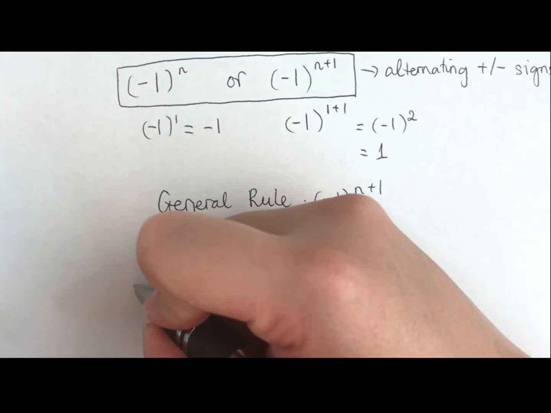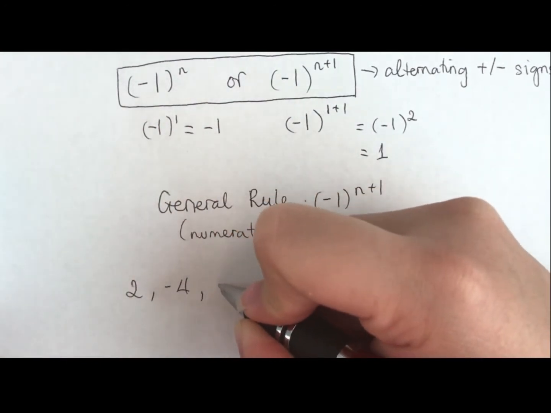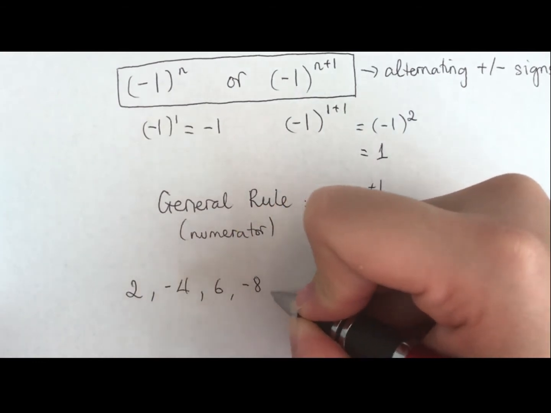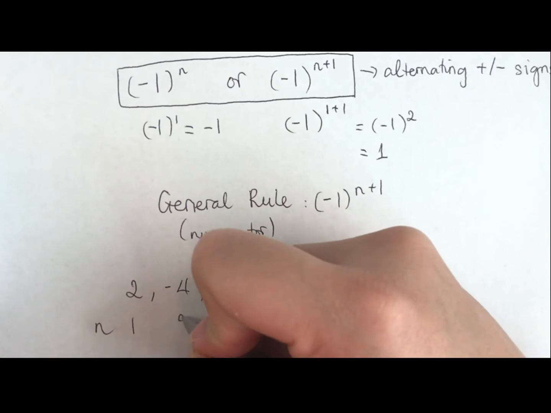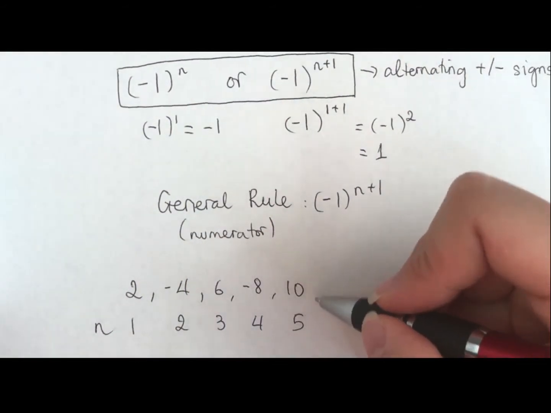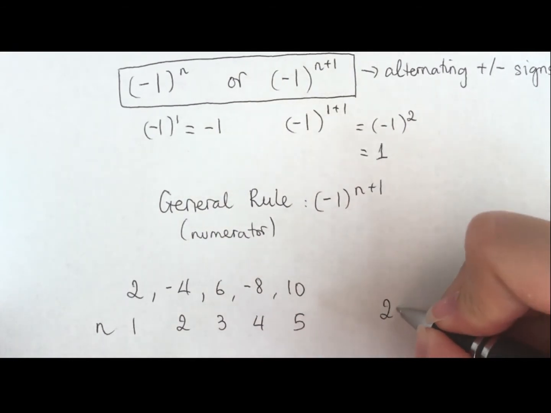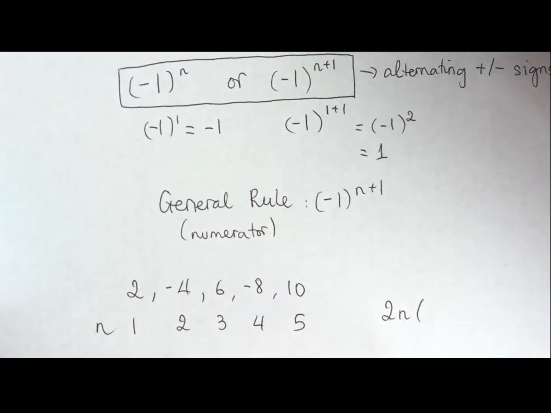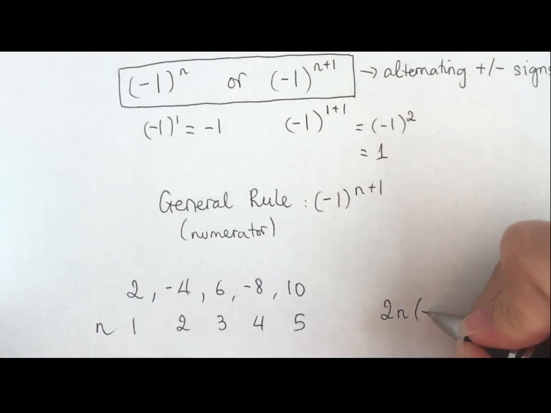However, let's say that you have a sequence of 2, -4, 6, -8, and 10, and your n is 1, 2, 3, 4, 5. You can see here that the number part itself is actually 2n, and for the alternating side, you would multiply by this part right here.